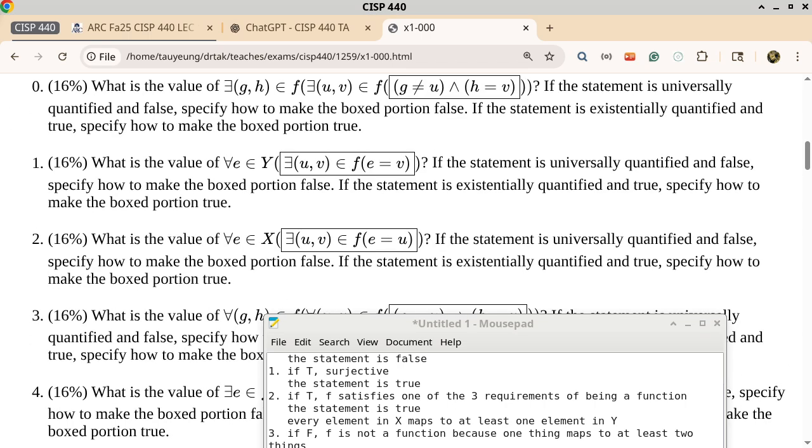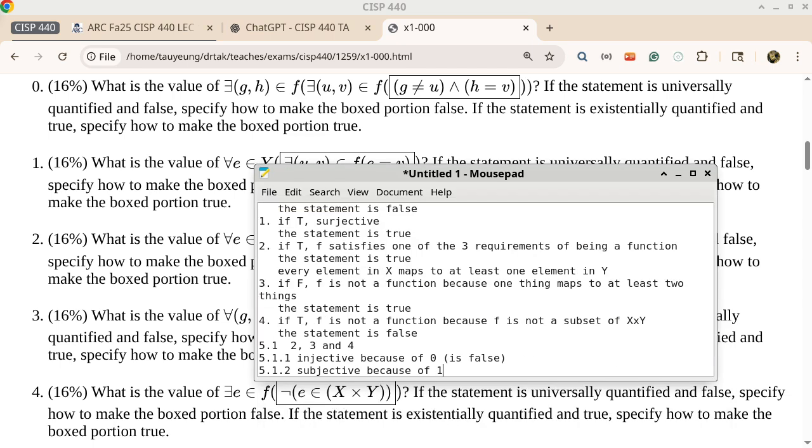That is correct. Number two does not specify why, so the best way to specify it, or you can say every element in X maps to at least one thing. Because we have to drop the requirement that it is from Y, because that's not what the statement says.